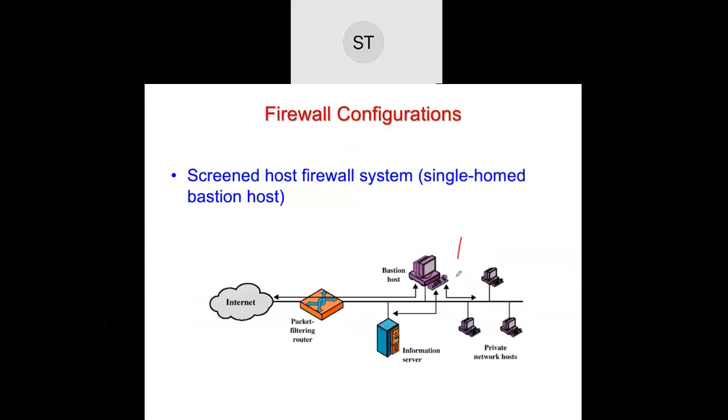So what you can see is this is the intranet and this is the internet. So you can put the Bastion host here and you can put the packet filter firewall here, so that this becomes your, what is this area called? Anybody?